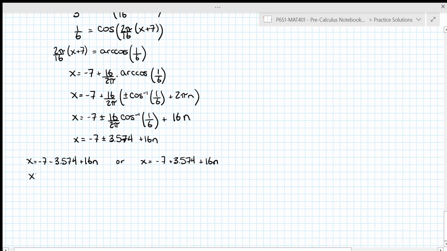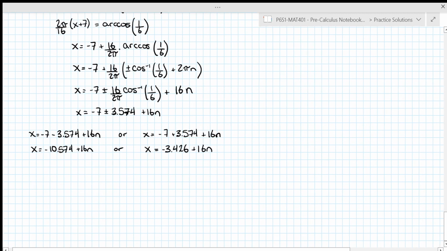So x is either -10.574 or x is -3.426 plus 16n.